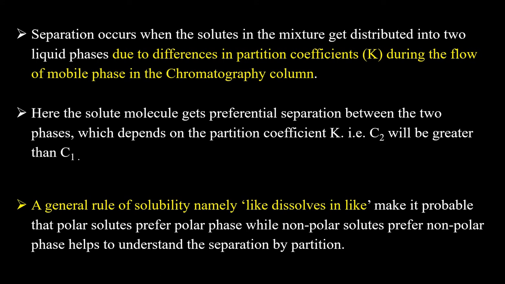Separation occurs when the solutes in the mixture get distributed into two liquid phases due to differences in the partition coefficient, that is K, during the flow of the mobile phase in the chromatography column. Here the solute molecule gets preferentially distributed between the two phases, which depends upon the partition coefficient K. That is, C2 will be greater than C1.